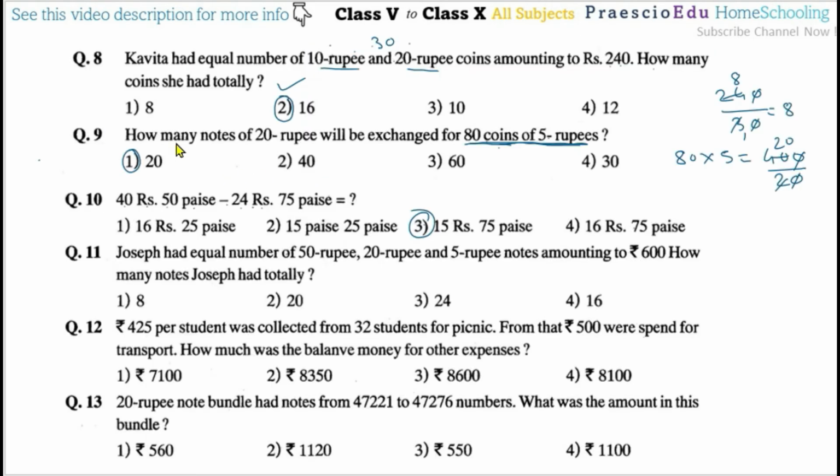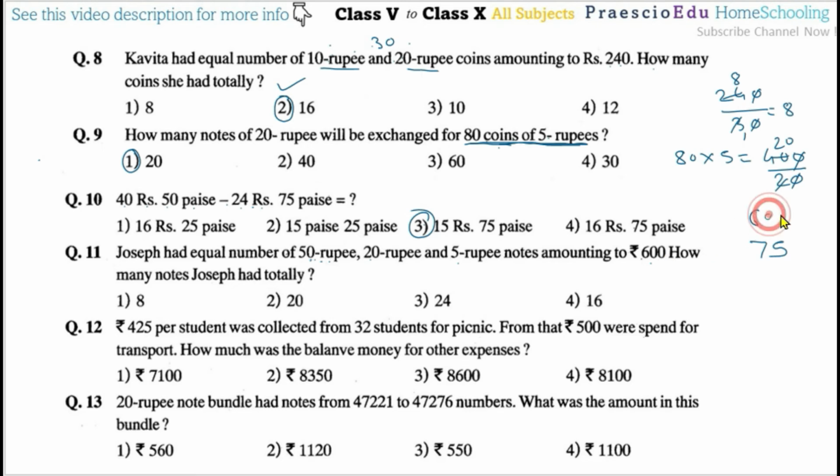Now we are going to see the next question. Question number 11, Joseph had equal number of 50 rupees, 20 rupees and 5 rupees notes amounting to 600. How many notes Joseph had totally? There are equal numbers of each note. Okay, so we will add the value of each note. So 50 plus 20 is 70, plus 5 means 75, and the total amount is 600.